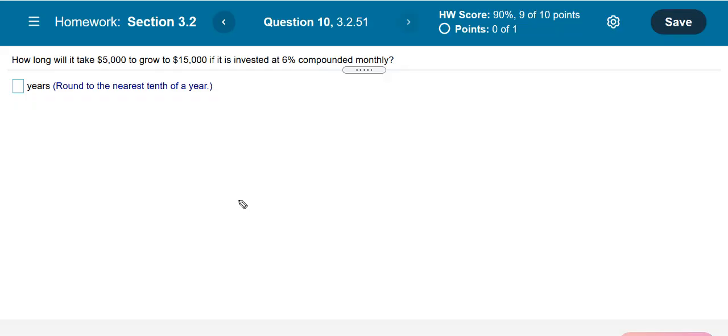Notice in number 10 that we are looking for the time in the standard compound interest formula. So here is our compound interest formula. And we're looking for the T. So we start off with P is 5,000.